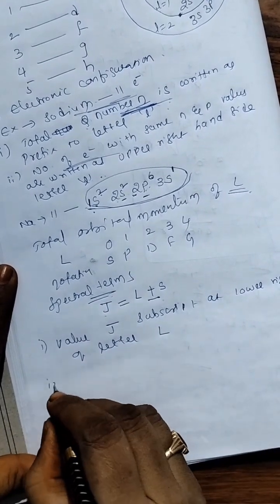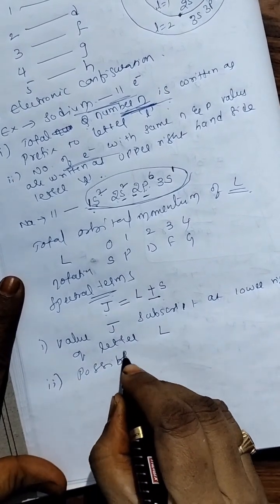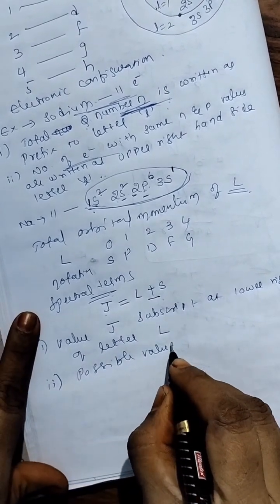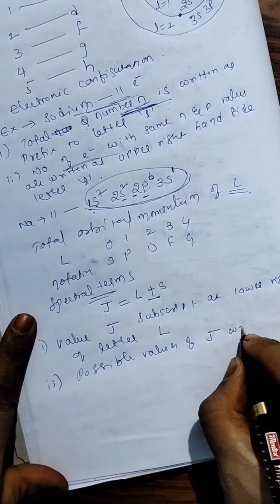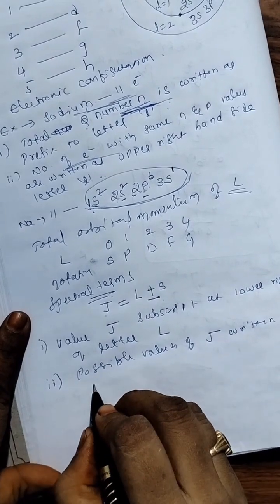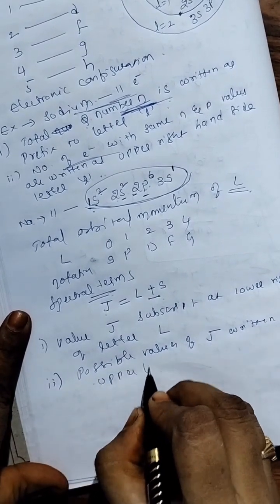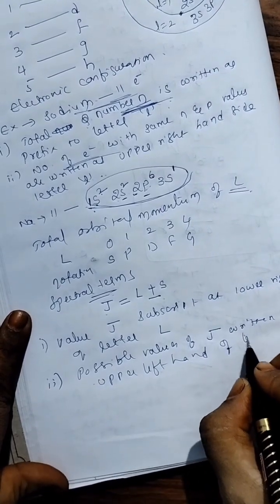The second: the number of possible values of J is written as a superscript at the upper left of the letter L.